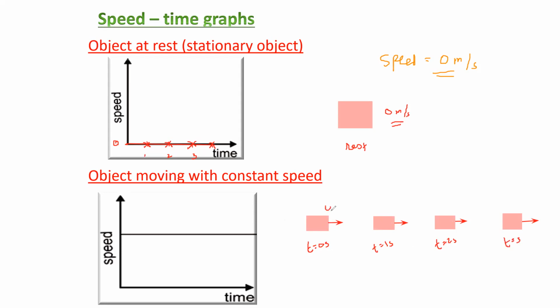And the speed of the object, for example, 4 meter per second, 4 meter per second, 4 meter per second, and 4 meter per second. So when we sketch a speed time graph for this object which is moving with a constant speed, sorry.